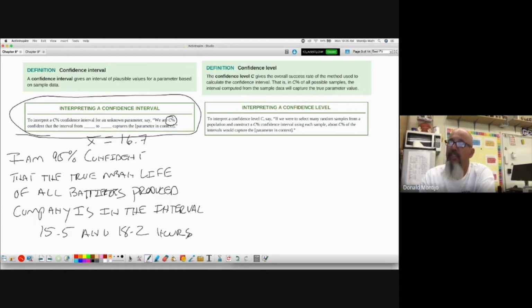So this sentence frame is going to be super important for us. We are 95% confident that the interval from 15.5 hours to 18.2 hours captures the true population parameter.